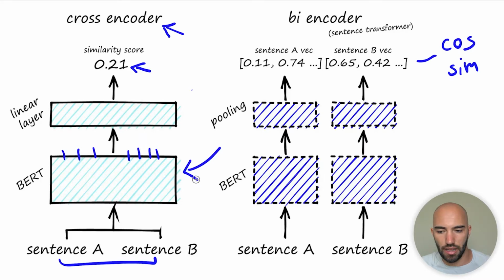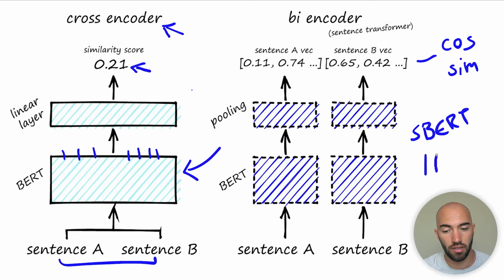Now, the reason I'm talking about cross encoders is because we get this more accurate similarity score, which we can use as a label. Another key thing is that we need less data to train a cross encoder. With a bi-encoder, I think the SBERT model itself was trained on something like 1 million sentence pairs, and some newer models are trained on 1 billion or more. Whereas with a cross encoder, we can train a reasonable one on something like 5K or maybe even fewer sentence pairs.